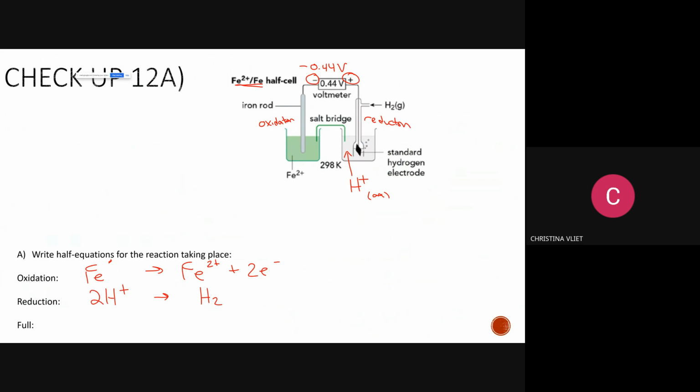Which side do the electrons go on? Reactant side. Now do you see why I taught that lesson at the beginning to review how to do half reactions? Because it makes it easier when we get to what we actually have to do with it. So now the electrons cancel, bring the rest together. Fe plus 2H+ goes to Fe2+ plus H2.